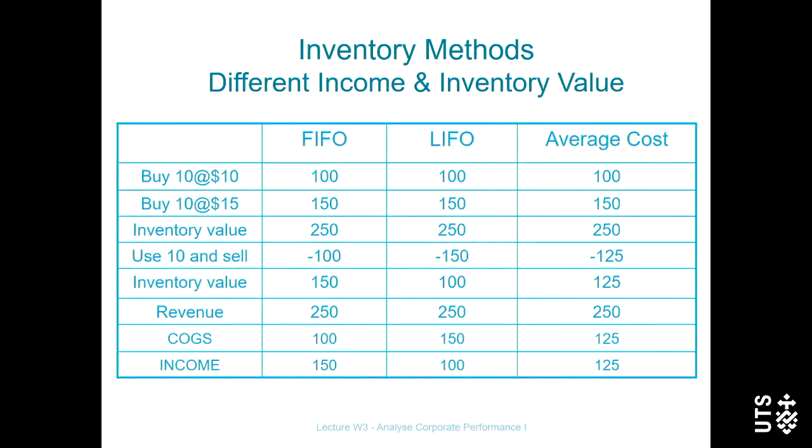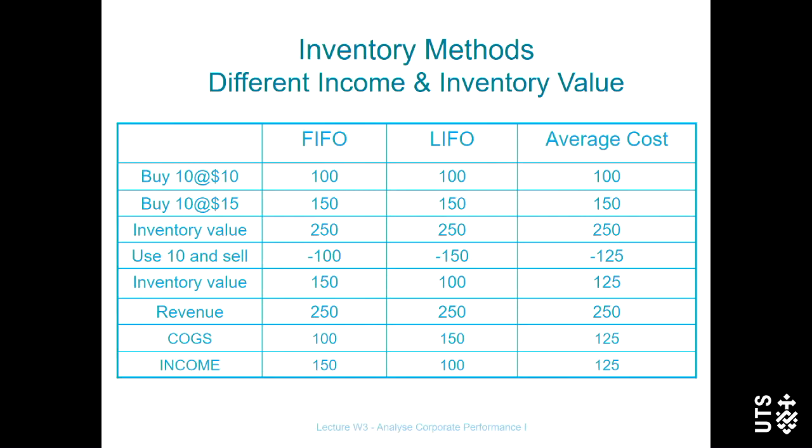Let's have a look at how a difference in how we account for inventory has an impact on profits. So, first column, we have a description of what we are doing, right? If I can show this.